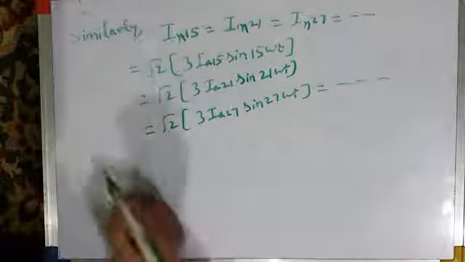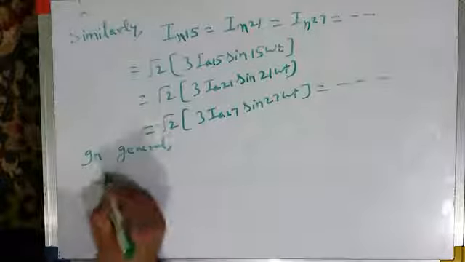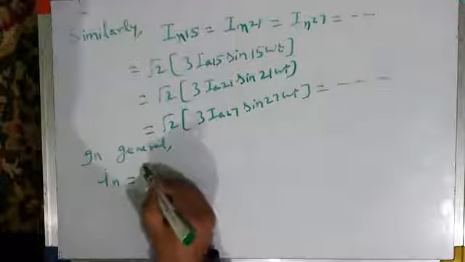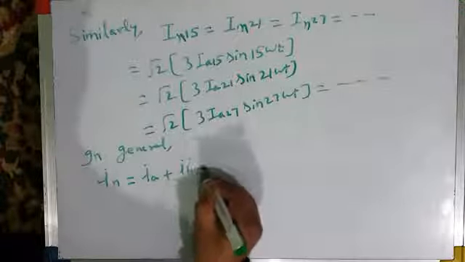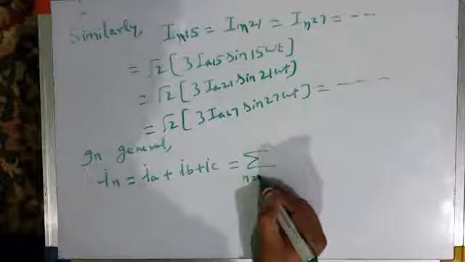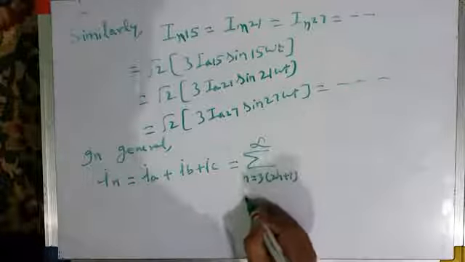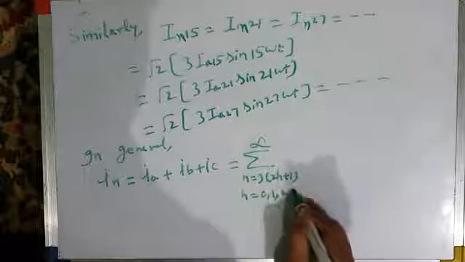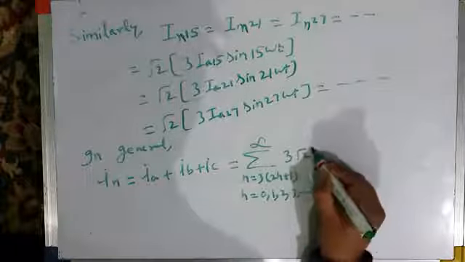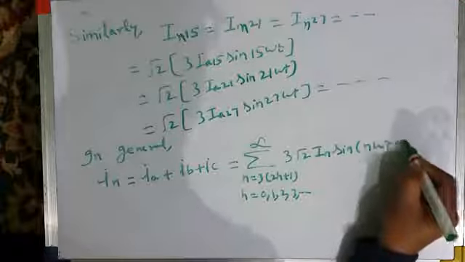So in general, if you write the mathematical expression for the instantaneous value of neutral current, which is equal to IA plus IB plus IC, it can be written as the summation over n equal to 3 times 2h plus 1 to infinity, where h is equal to 0, 1, 2, 3 and so on, of 3 root 2 In sine of n omega t minus beta n.